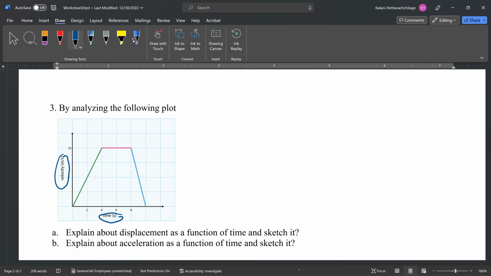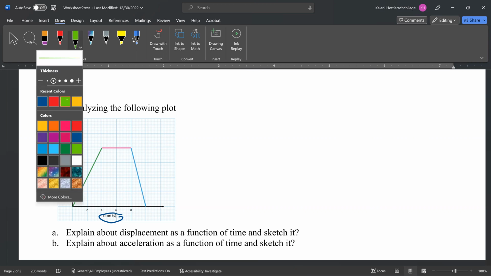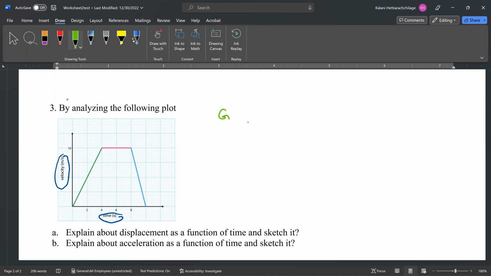As soon as you see velocity as a function of time, you need to understand that you are working with the velocity, and I should know how to find the displacement and acceleration. So before moving to questions A and B, what this graph represents is velocity as a function of time.